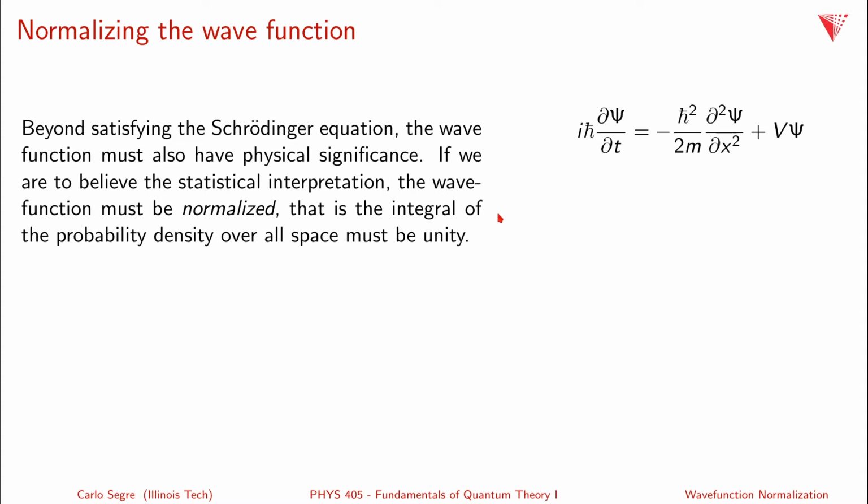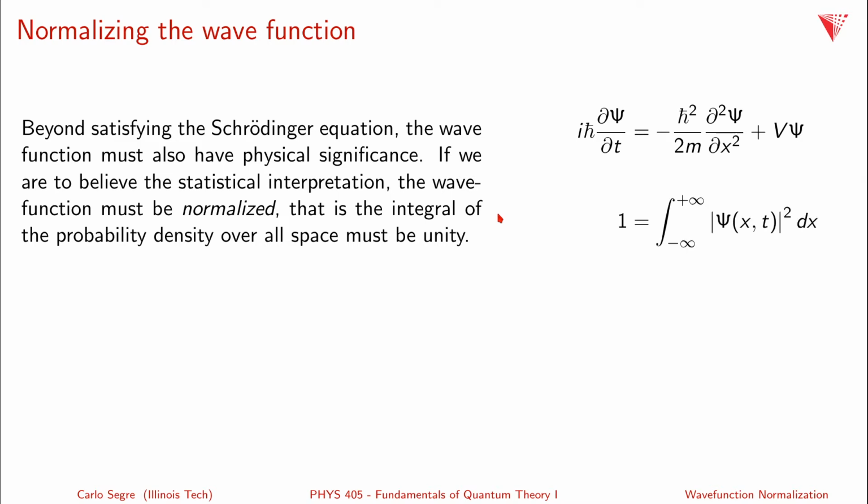Well, if you want to believe that the statistical interpretation works, which we believe it does because it reproduces all experimental data, then the wave function has to be normalized in just the way that we saw in the previous slide. That is, if you integrate the probability density over all space, you must get 1 because the system has to be somewhere in space.